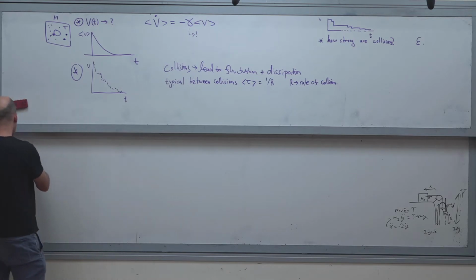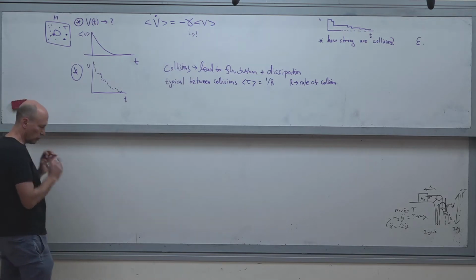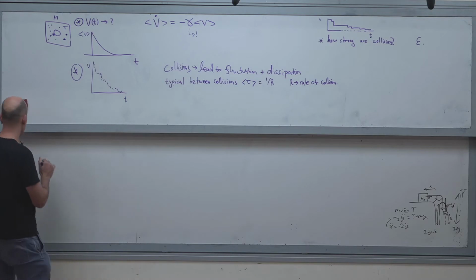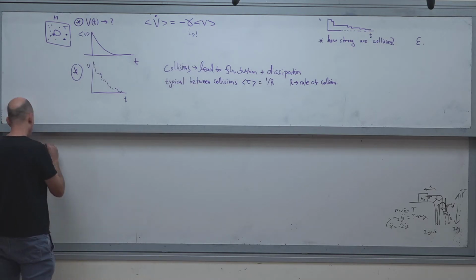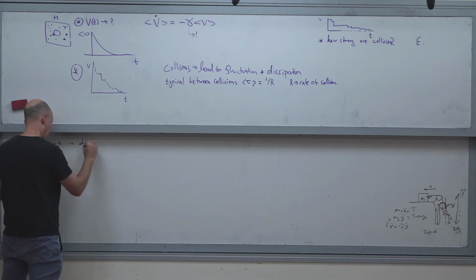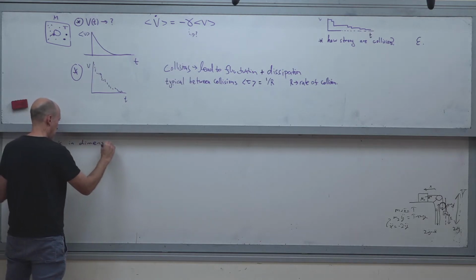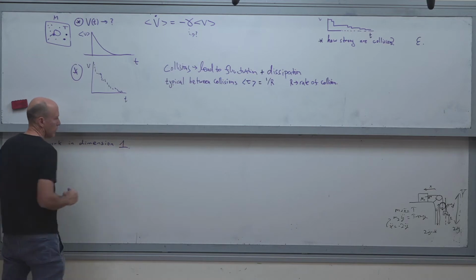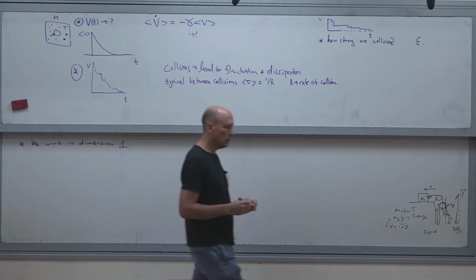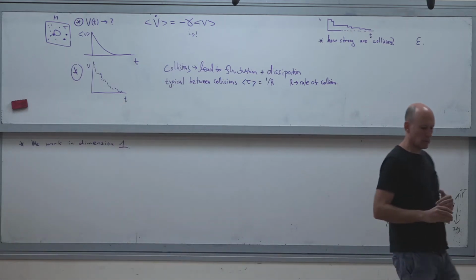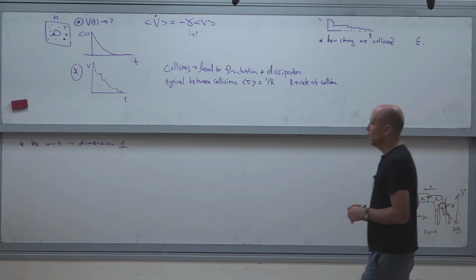The first assumption is we want to make it as simple as possible, but not too simple. We will work in dimension 1. This is going to help us tremendously and make this a solvable model.